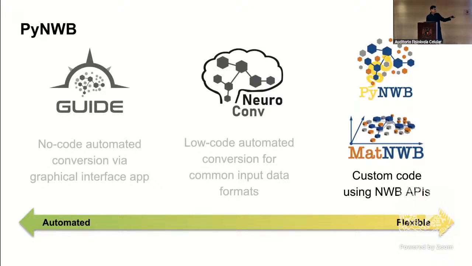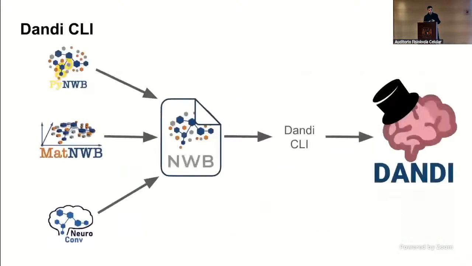You can use NeuroConv if you want to have more programmatic control over your setup. And if you need to do something more specific to your setup, you can access the low-level tools. And if you need to do something that is not even in the format as we have it now, then you will use extensions. So that's all on my side. Thank you very much.